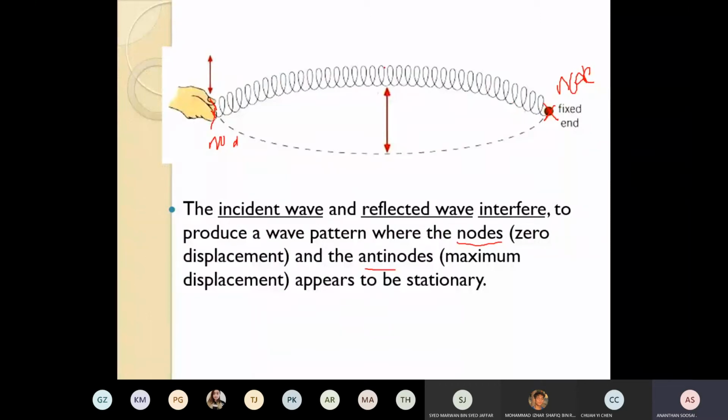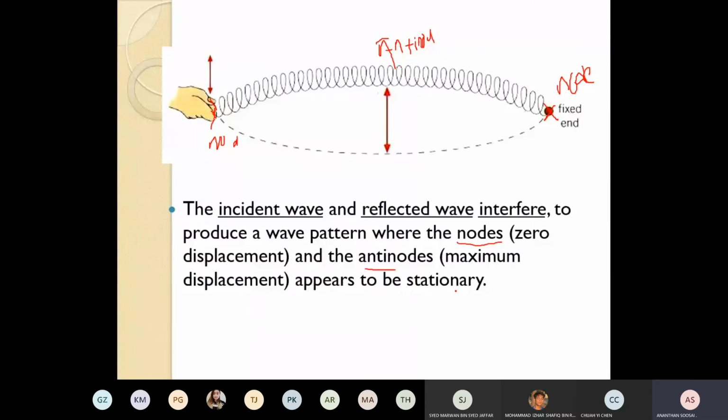Where there is an oscillator, this is going to be an antinode. The center is an antinode. So the incident and reflected waves produce a wave pattern where the nodes and antinodes appear to be a stationary wave. A stationary wave is full of nodes and antinodes.